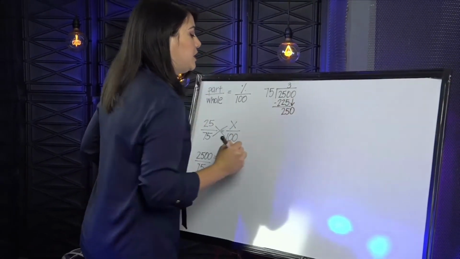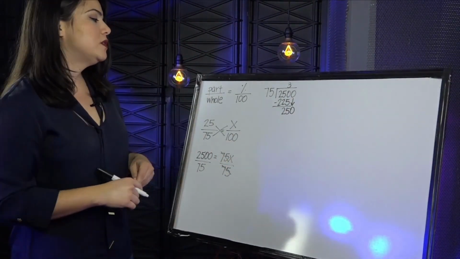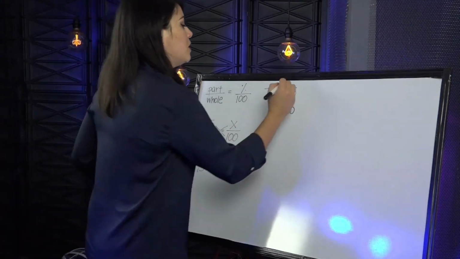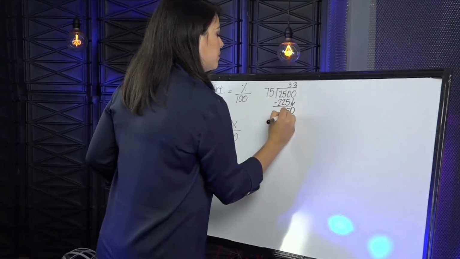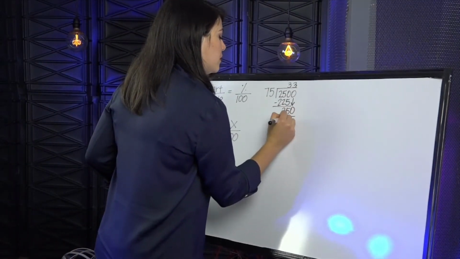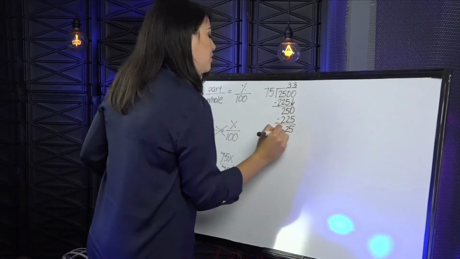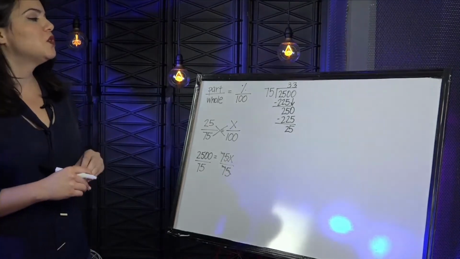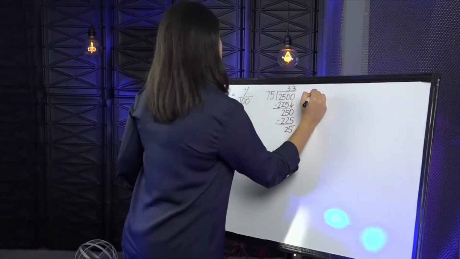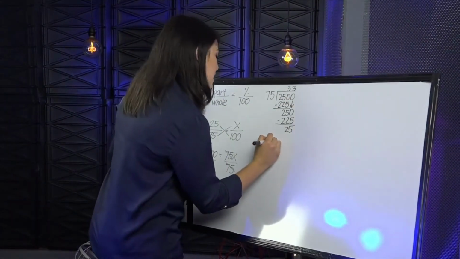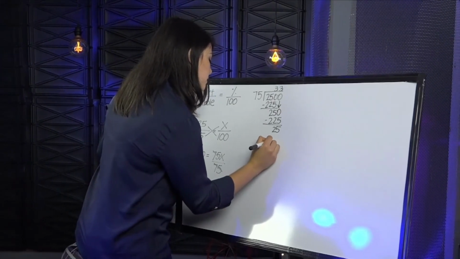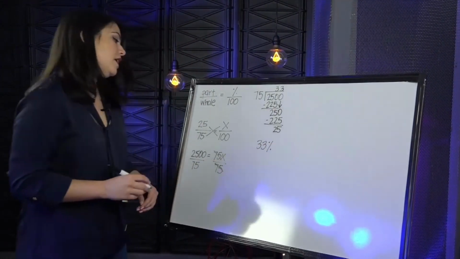We can bring down the 0. 75 goes into 250 again, 3 times. We can subtract that, and if you'll notice, it keeps repeating itself. So we know that 25 is 33% of 75.